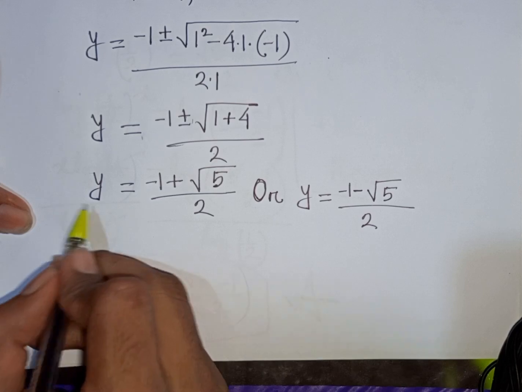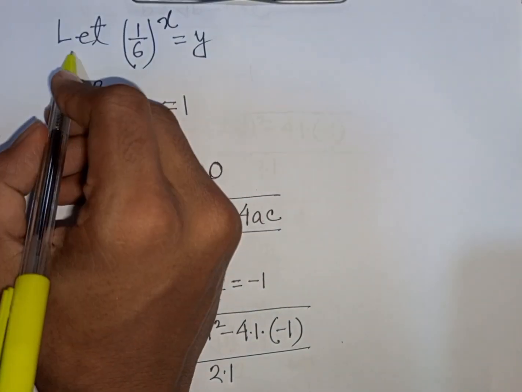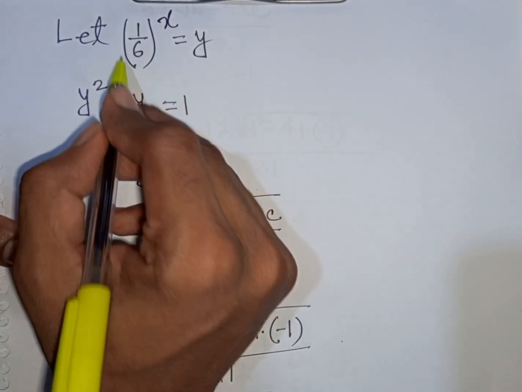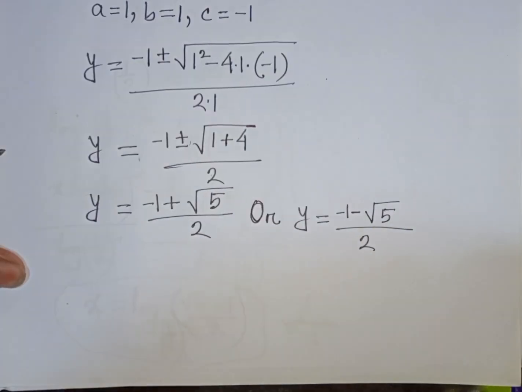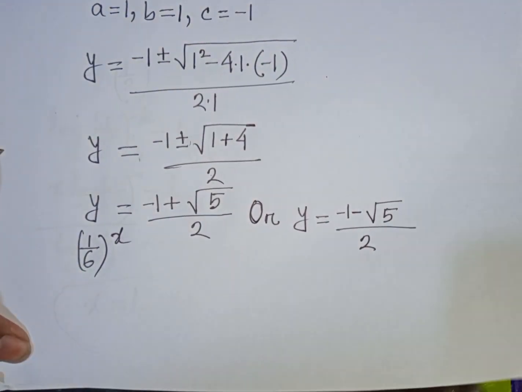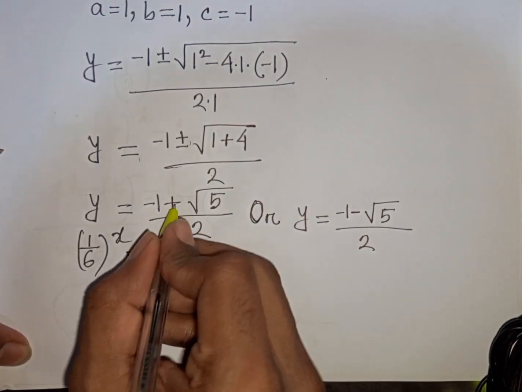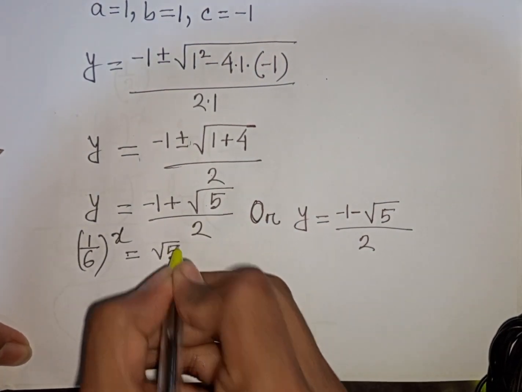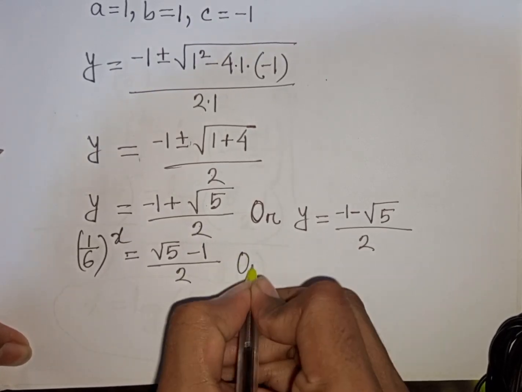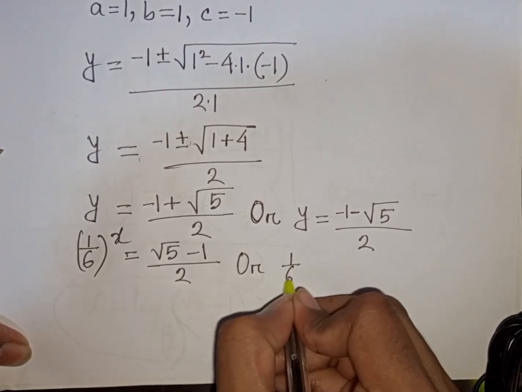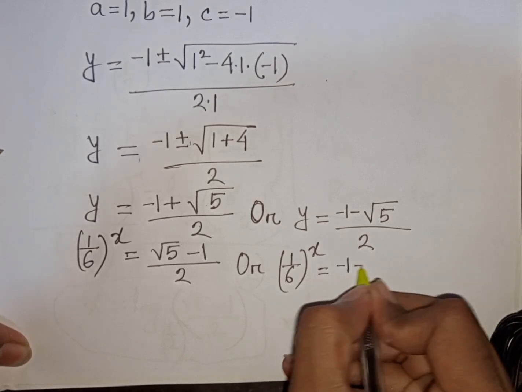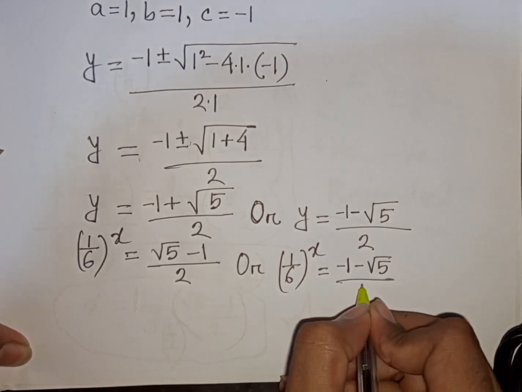But remember that we let 1 by 6 bracket power x be substituted by y. So y, that means 1 by 6 bracket power x, is equal to square root of 5 minus 1 divided by 2, or y, that means 1 by 6 bracket power x, is equal to minus 1 minus square root of 5 divided by 2.